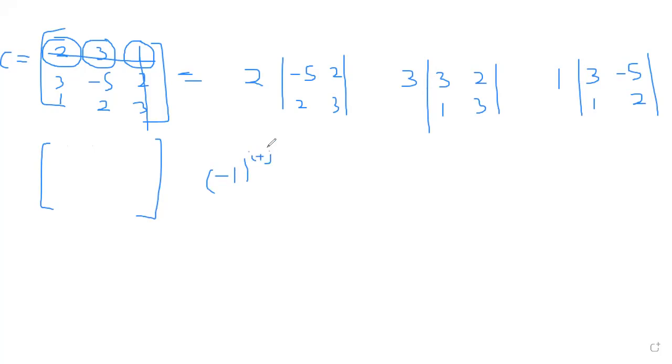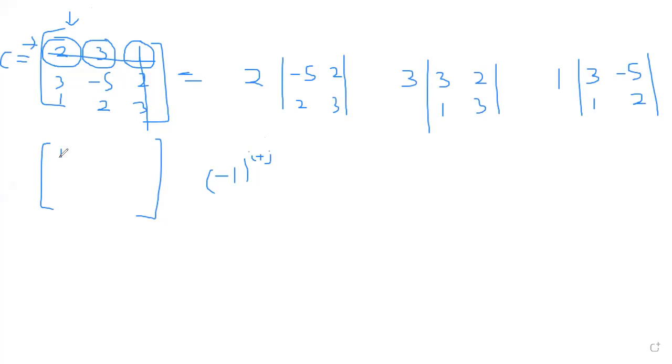But this is the sign of the cofactor. For the element in row 1, column 1, your row number will be 1, column number will be 1. So 1 plus 1 will be 2. -1 raised to the power 2 will be +1.